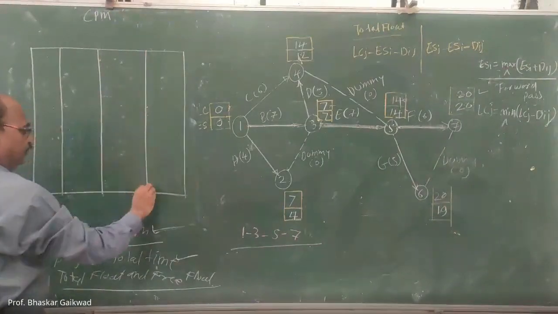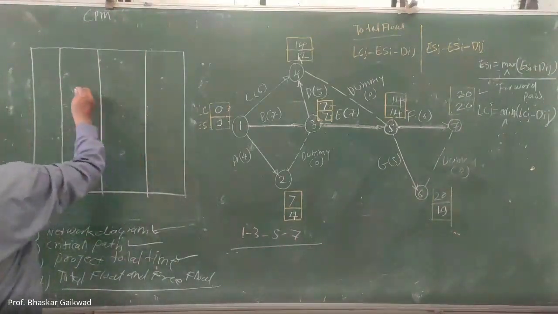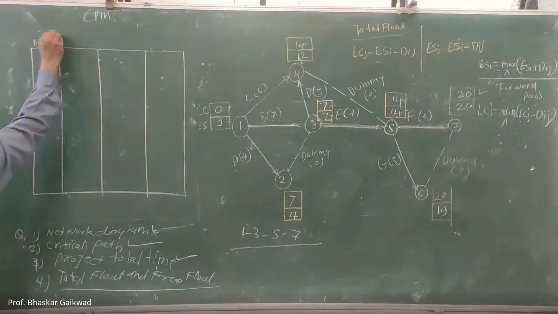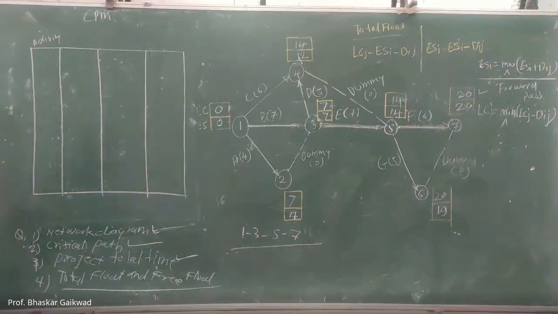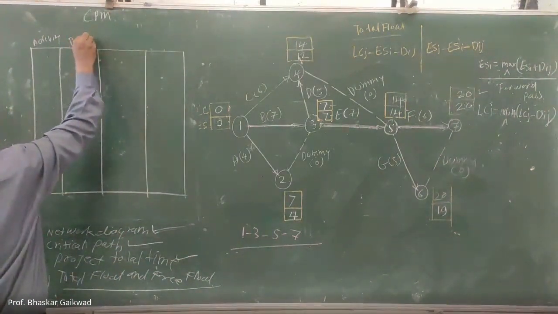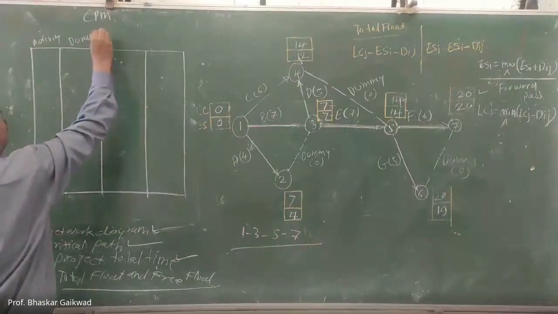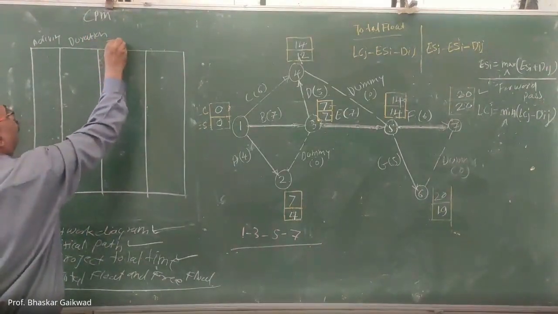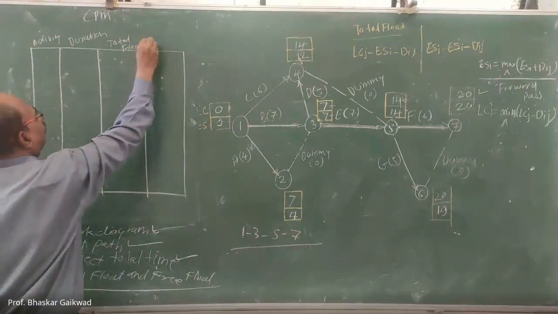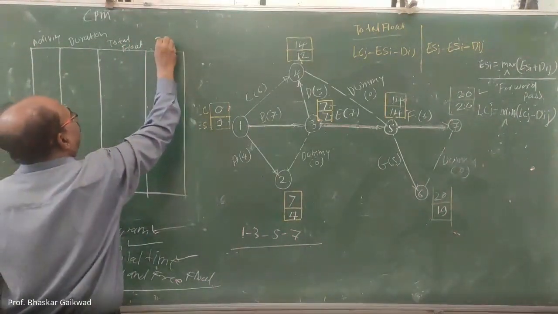And this is your total and free float. Here it is activity. Here duration. Here total float. Total float and free float.